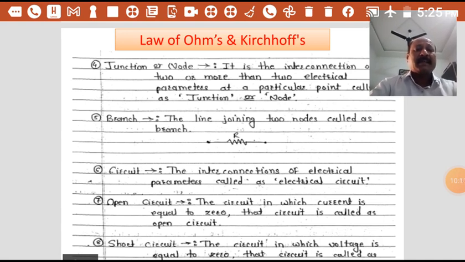Such a condition is called an open circuit. It means the proper voltage is not applied across the tube light or fan or any home appliance. Under that condition, that circuit is called an open circuit.